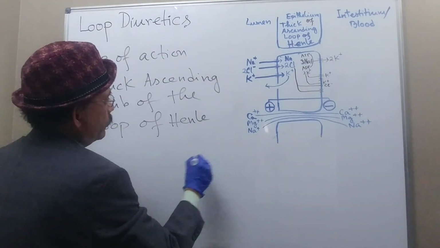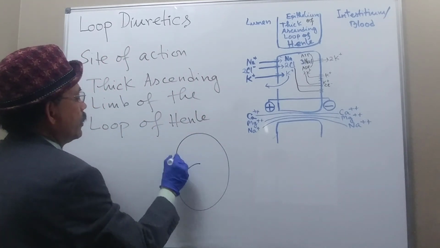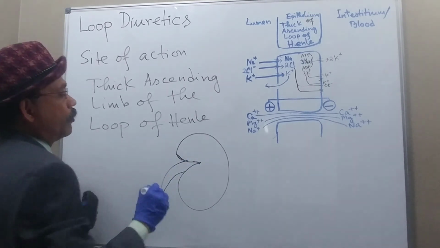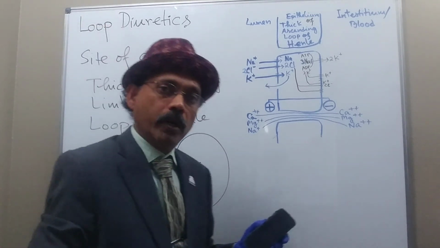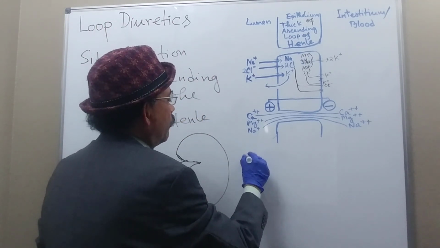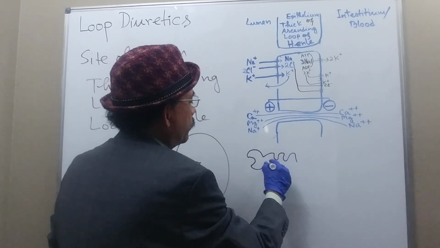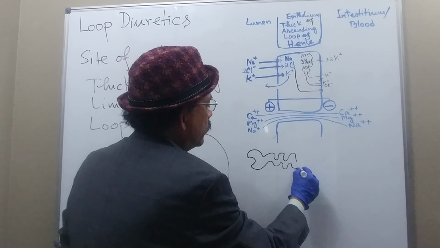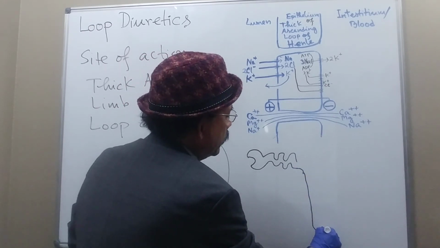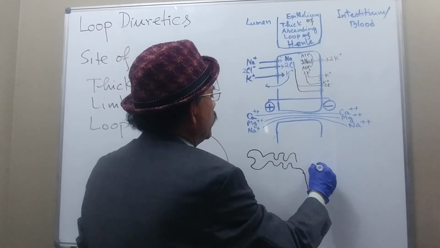So this is our kidney. The kidney has around 1 million nephrons, and a nephron has Bowman's capsule, the proximal convoluted tubule, then the descending limb of the loop of Henle, thin segment, then the ascending limb of the loop of Henle.